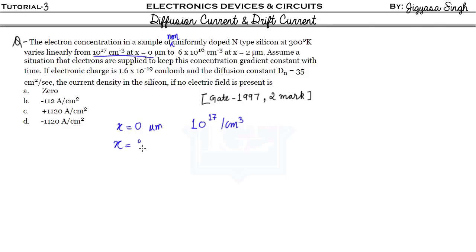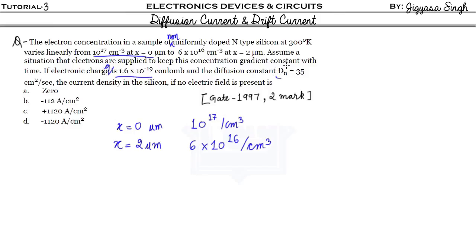At x is equal to 2 μm, what is the concentration? 6 into 10 to the power 16 per meter cube. Now the value of Q is given. This is Q.